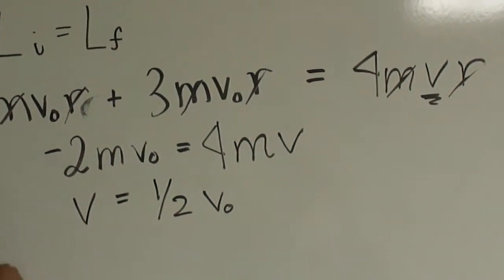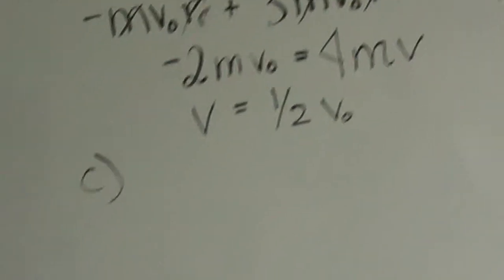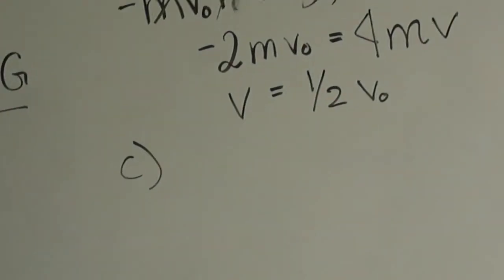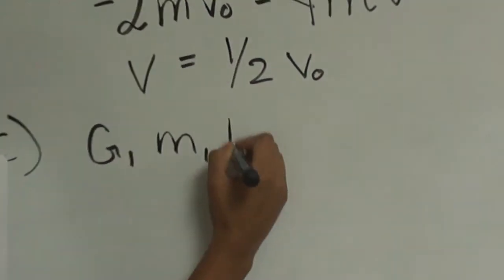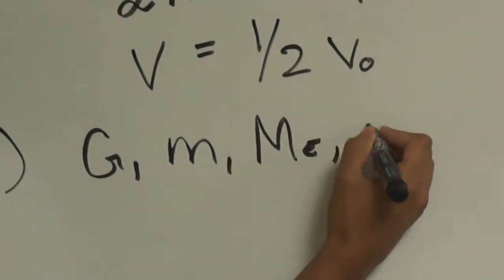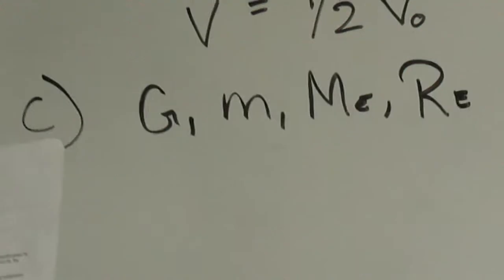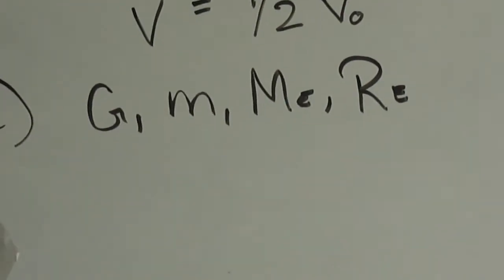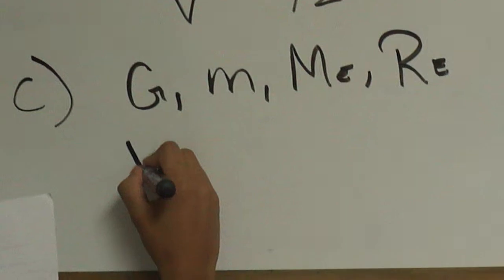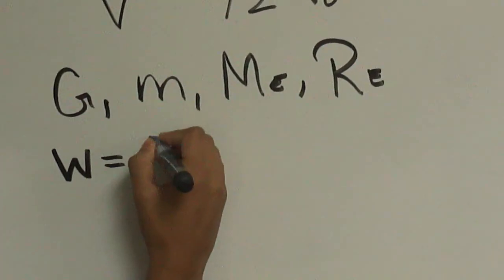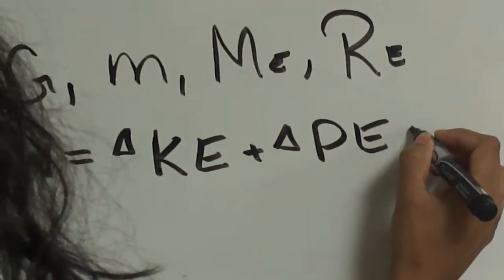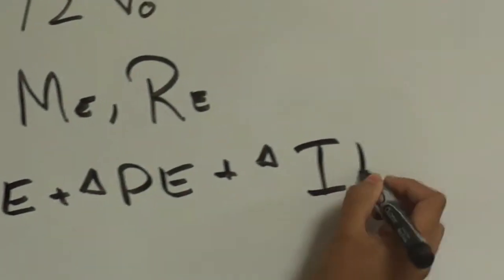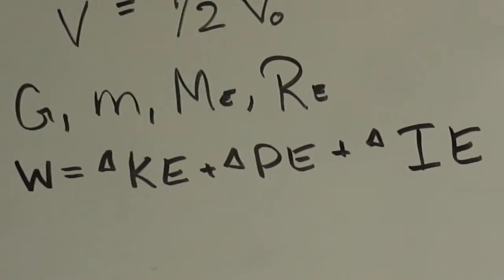The final part, part C, asks us to calculate the total mechanical energy of the system immediately after the collision in terms of G. So these are what we're allowed to use: G, little m, capital M, which is the mass of the Earth, and RE, which is the radius of the Earth. So if we want to calculate the total mechanical energy, we know that the formula is equal to the change in kinetic plus the change in potential plus the work that's done, or the internal energy.